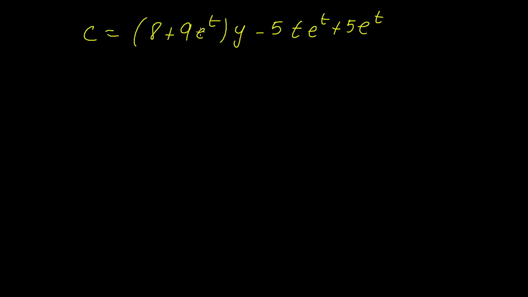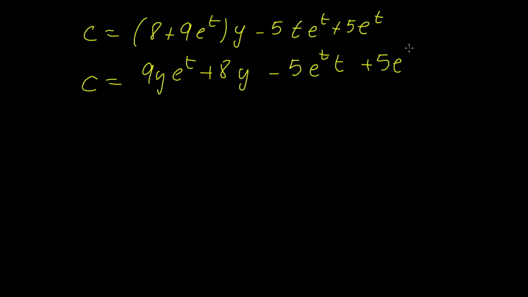If you prefer to multiply everything, it's just going to be 9y e^t plus 8y minus 5t e^t plus 5e^t. If you want to put them in some order, you can, and this is the f of x, y. They are all correct.